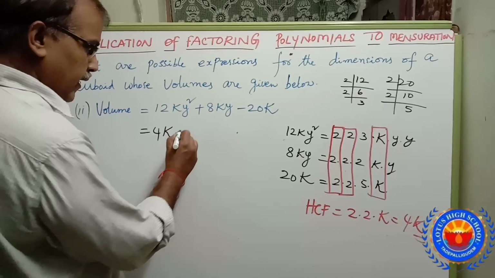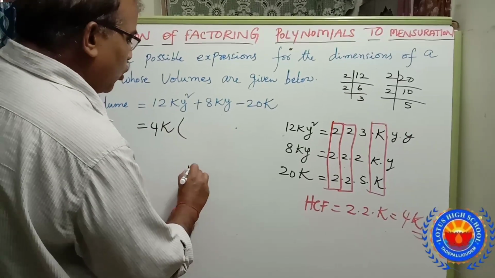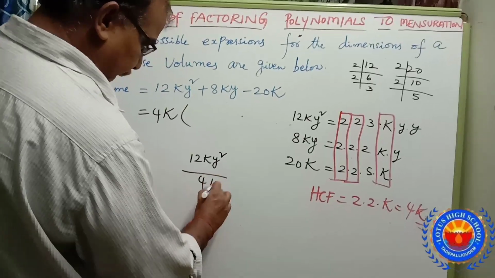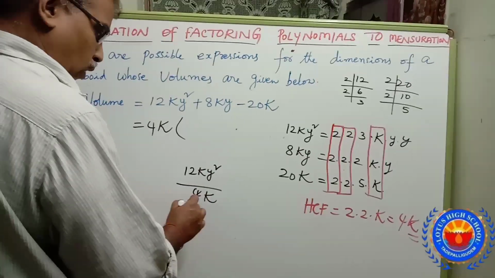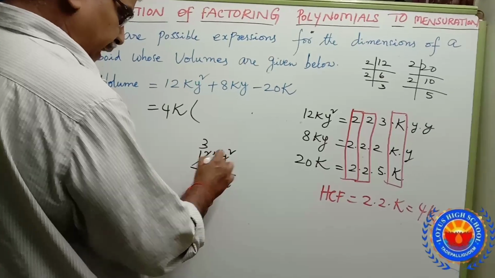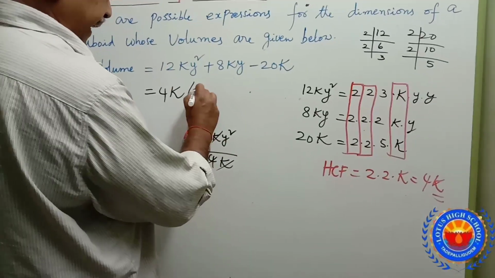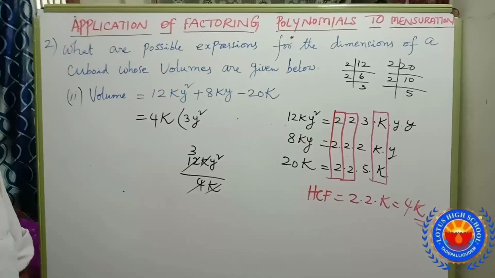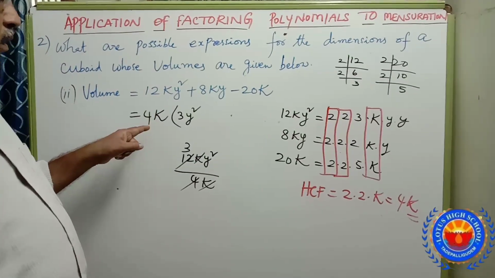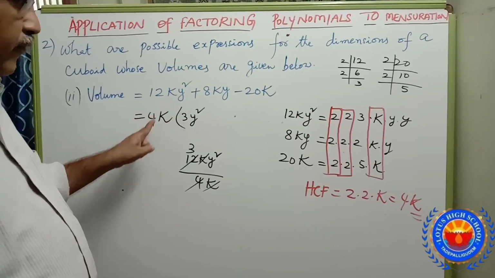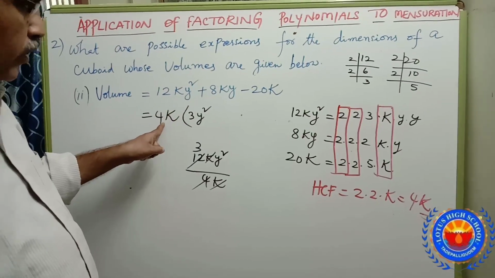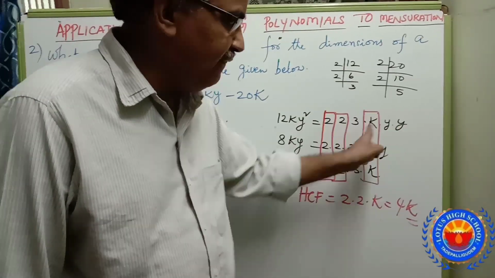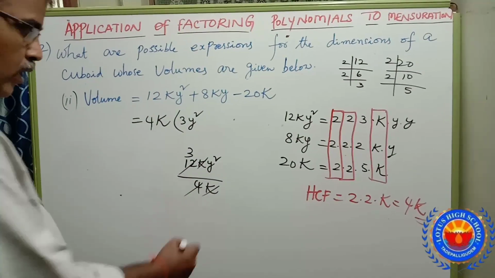Now it is equal to 4k times brackets. 12ky² by 4k: 4 times 3 is 12, k and k cancel, so 3y².